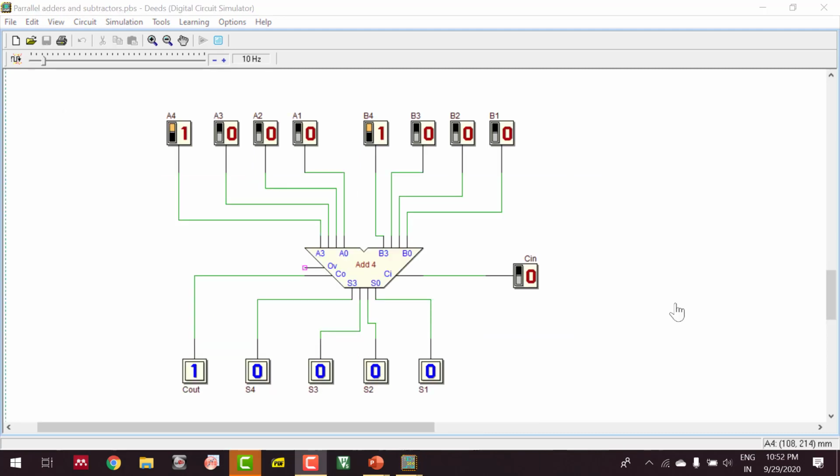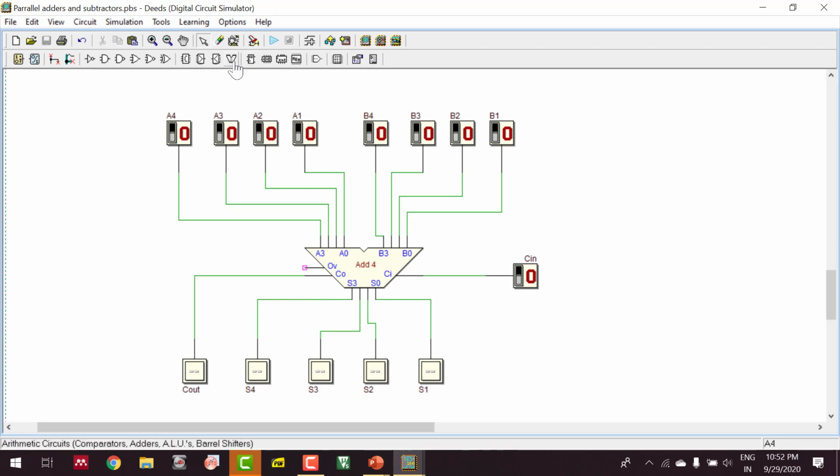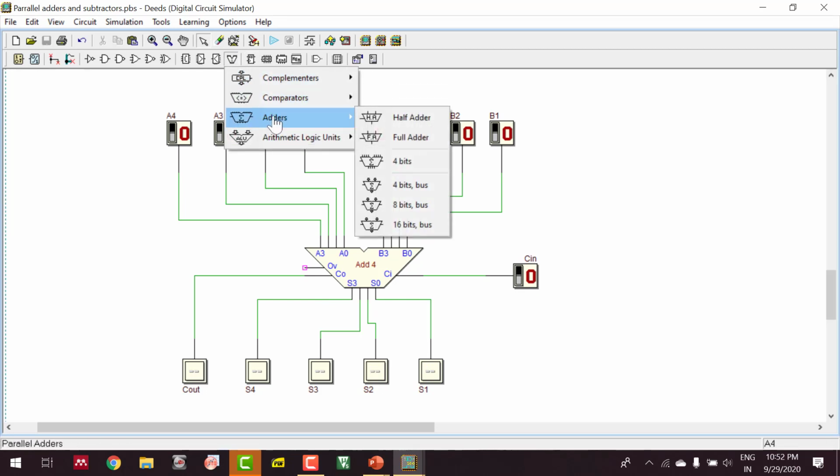Now let us take the 4-bit adder block, which is going to add two 4-bit numbers. To get this 4-bit adder block, you go to the arithmetic operation circuits, go to the adders. There you can clearly see there is a 4-bit adder here.